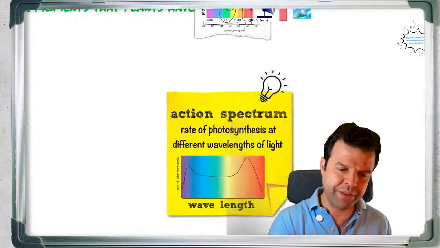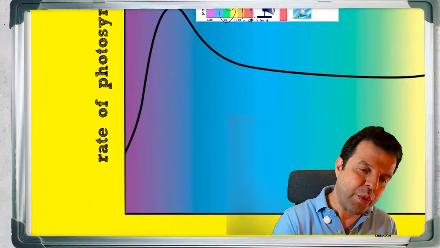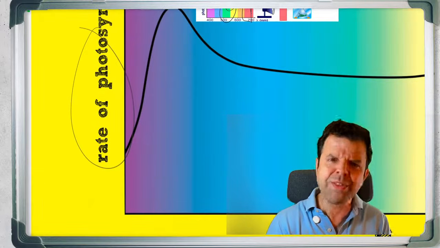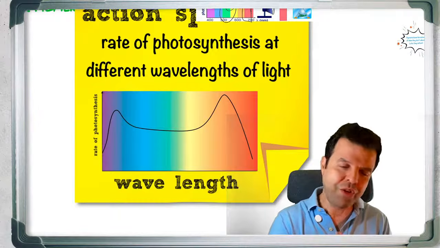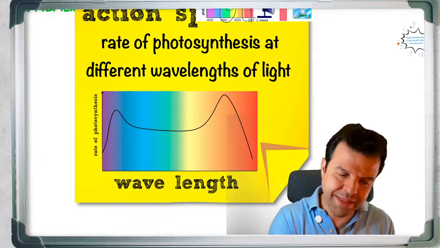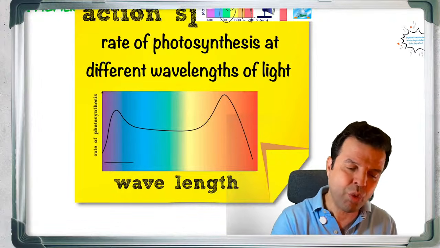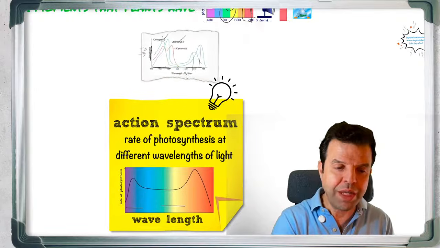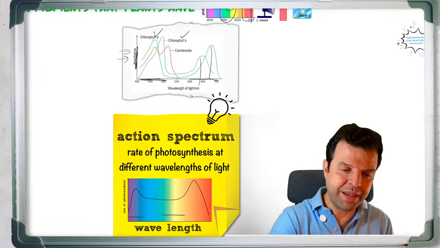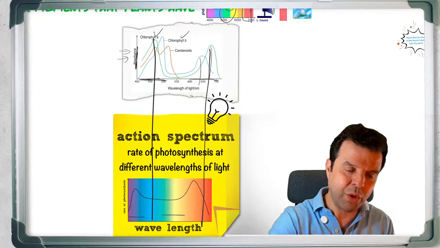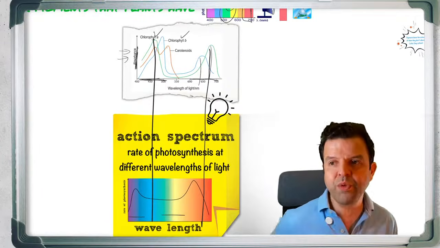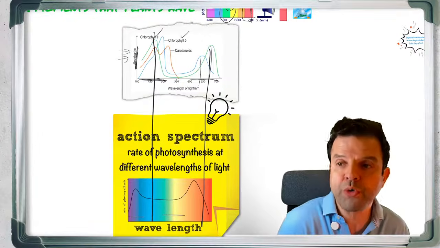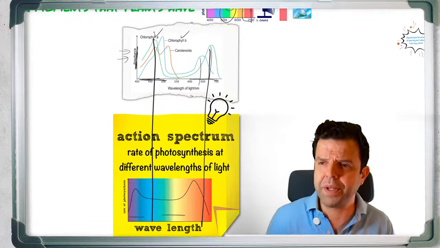Here, on the other hand, I have rate of photosynthesis, which tells you how much photosynthesis is taking place at each wavelength, and they perfectly correlate. You see? They exactly correlate. So where light is absorbed, that's where most photosynthesis is happening.